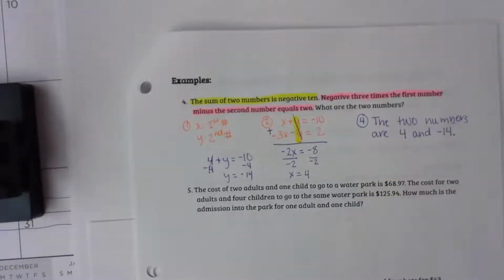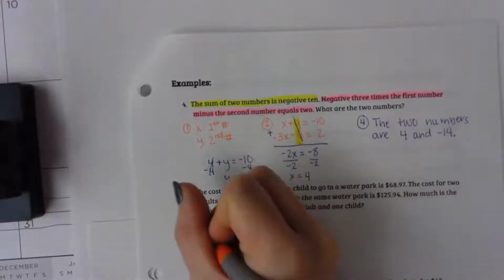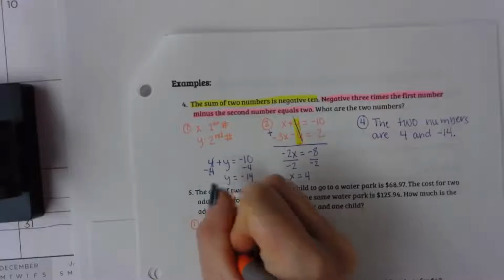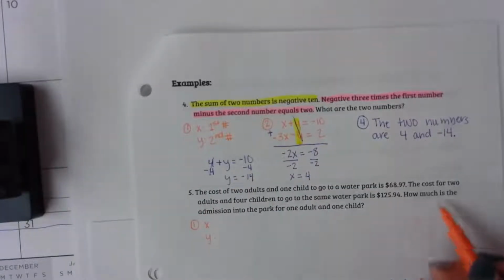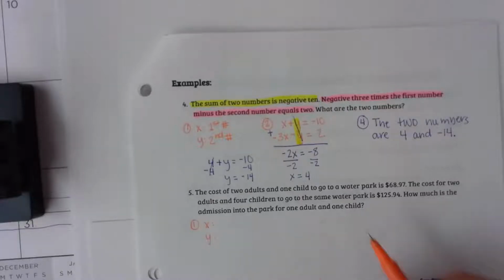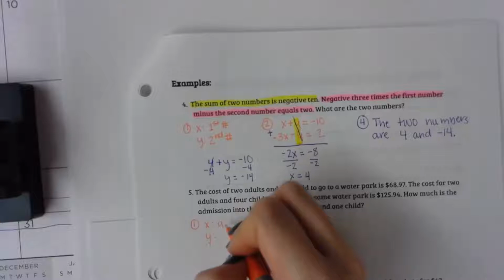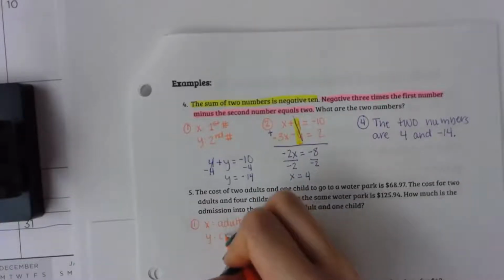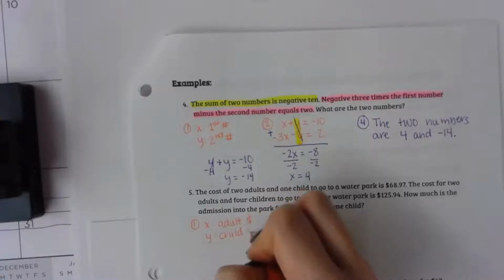Okay, so in your question at the end, it will usually tell you what those x and your y are going to stand for. So how much is admission into the park for 1 adult and 1 child? So they're asking for the adult price and the child price.